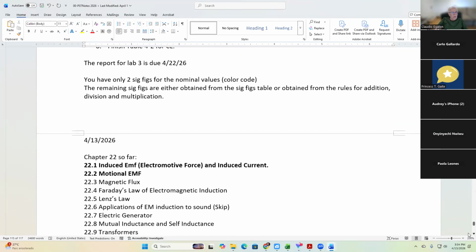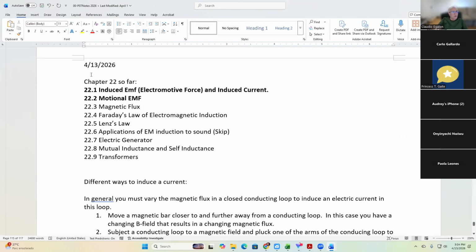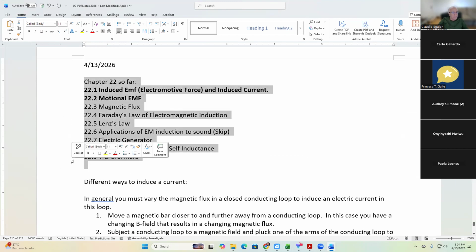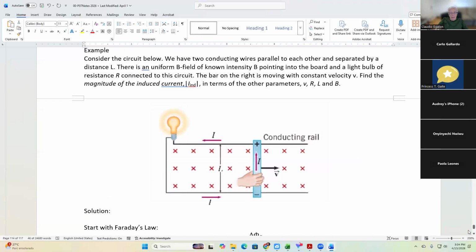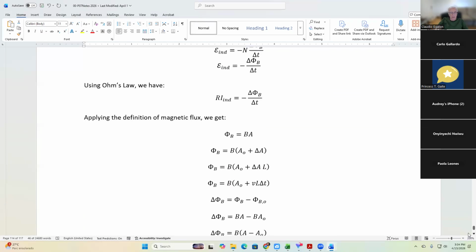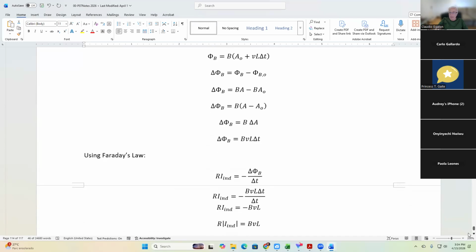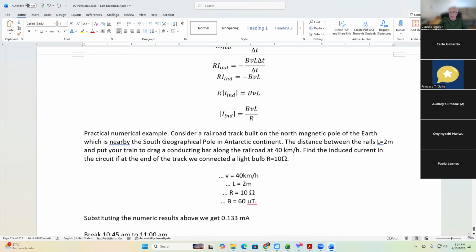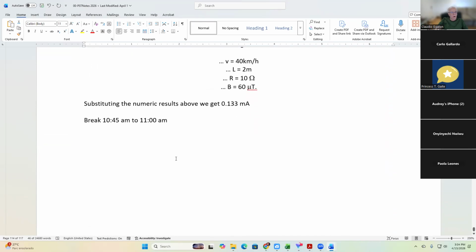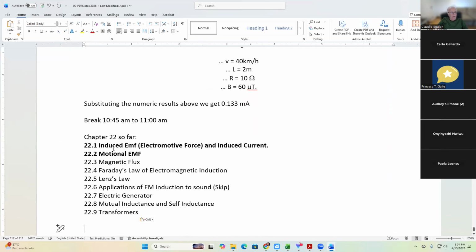We already covered the magnetic flux too. It's just the magnetic field times the area. So let's update the material that we have covered so far in the chapter.